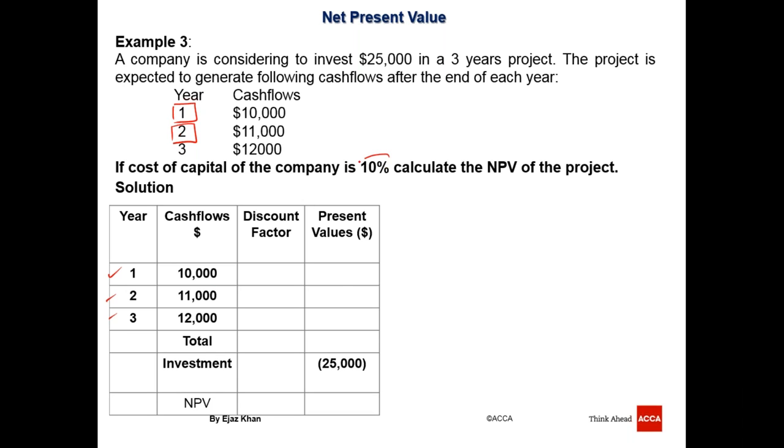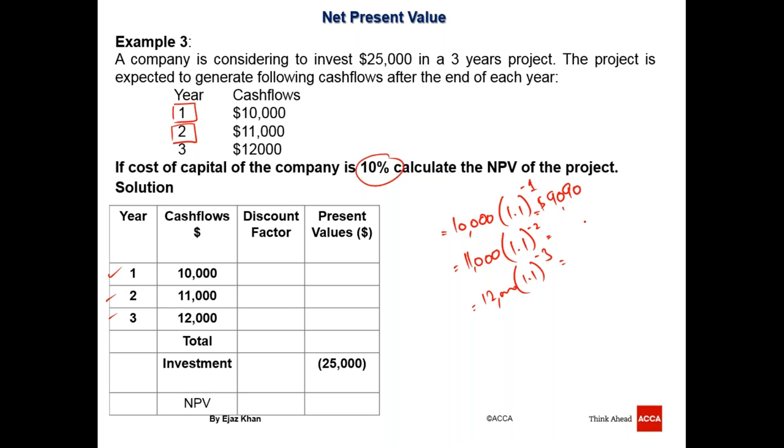The rate of interest is 10%. So 10,000 into 1.1 raised to the power -1. May I know the present value? Then we'll solve 11,000 into 1.1 raised to the power -2. Then we'll have $12,000 into 1.1 raised to the power -3. For the first cash flow, it's $9,090.